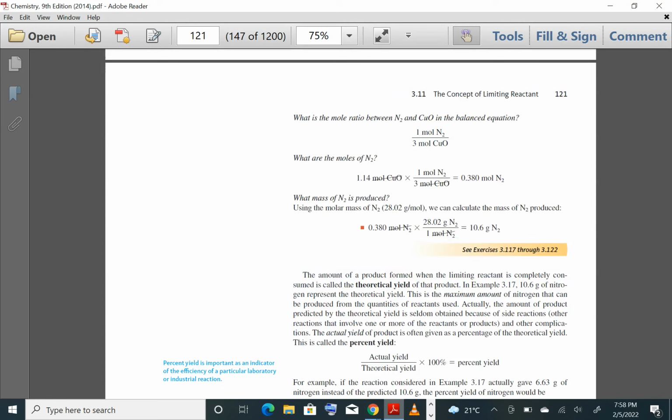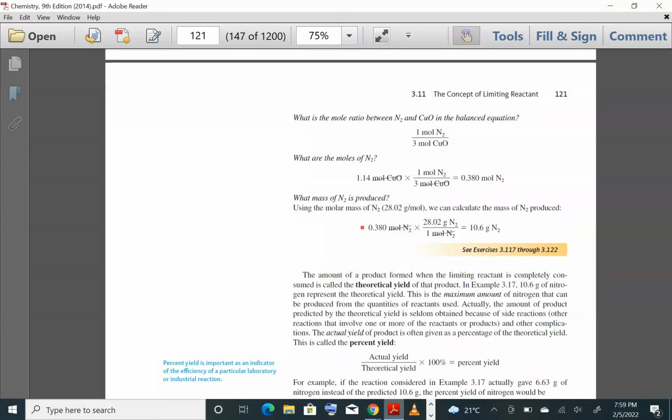And this can be as a result of side reactions, other reactions that involve one or more of the reactants or products. So you can find that when the reaction is occurring, the reactants are being used in other side reactions which you don't know of. And there are also other things such as when you're collecting your nitrogen, your product, perhaps you might leave some in the container, you might leave some in the beaker.